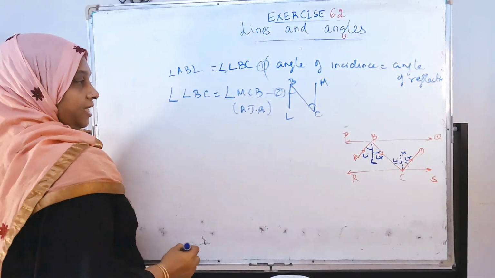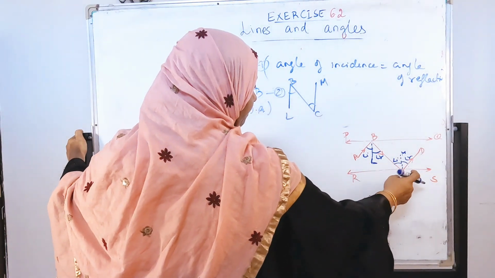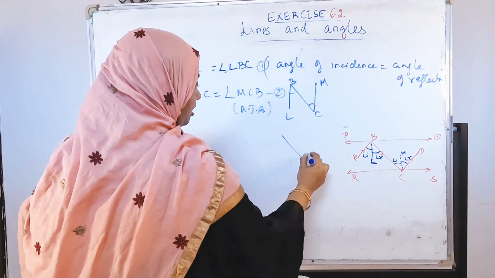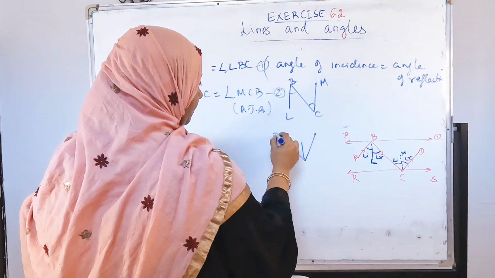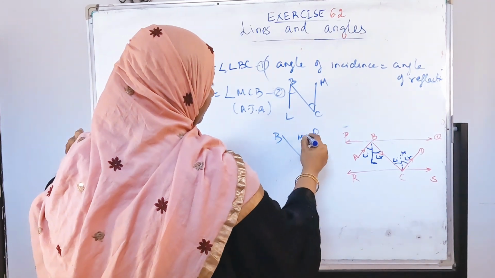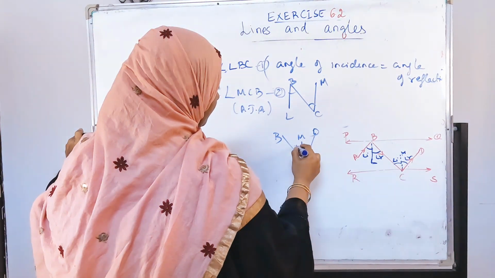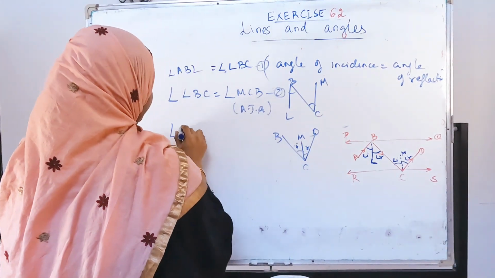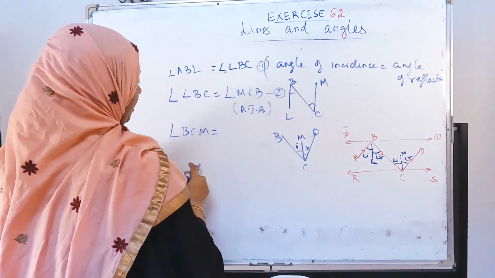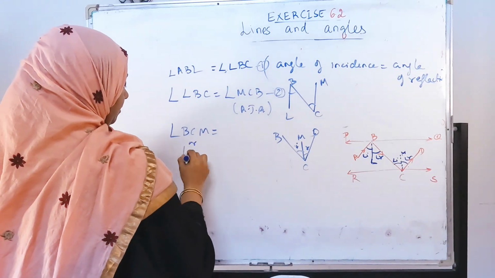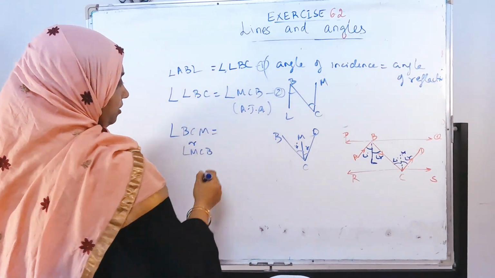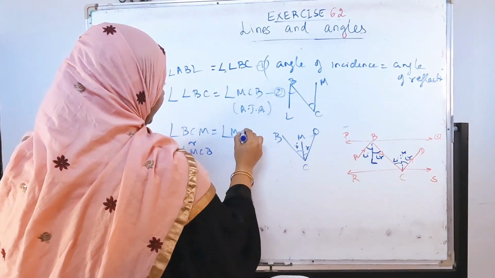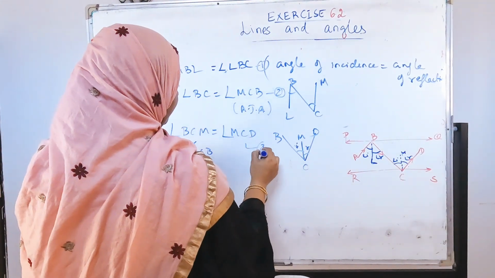Then the third one, come to this point. Here also we will take this part, angle DCM or MCD, both of them same only. Angle MCD, this is our third.